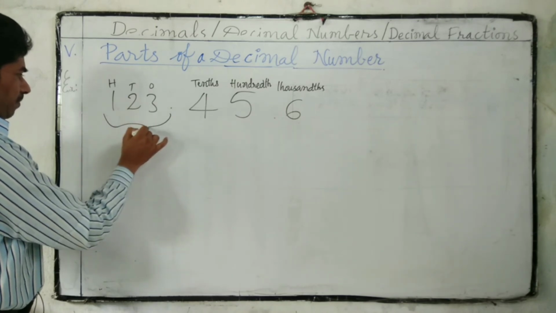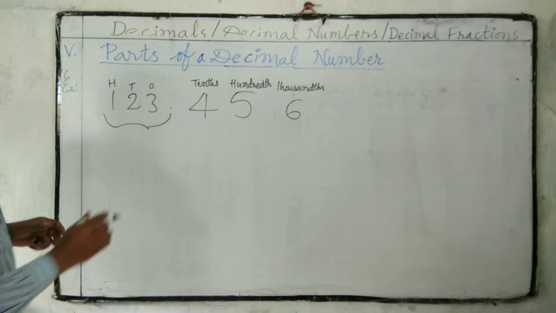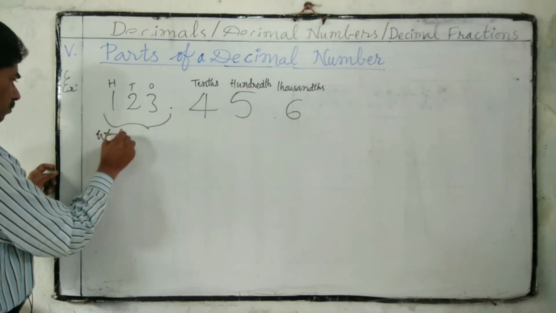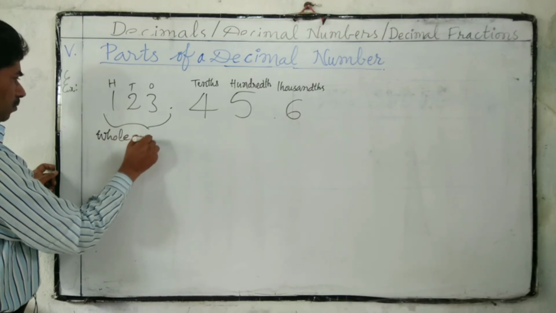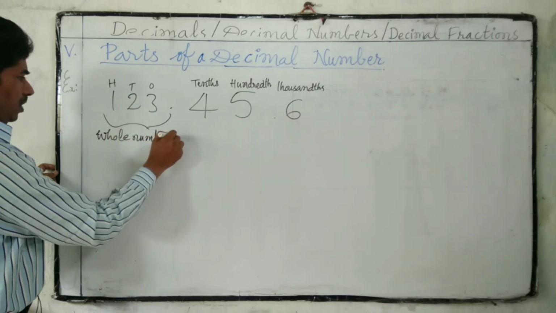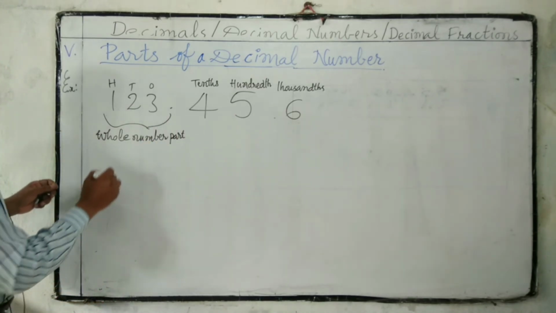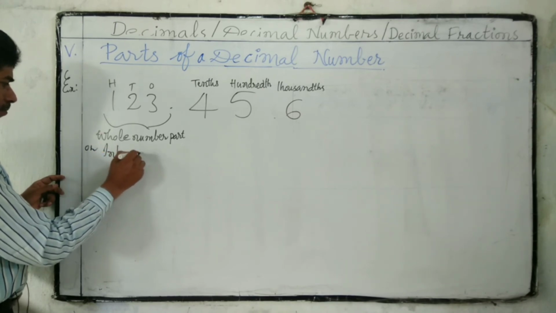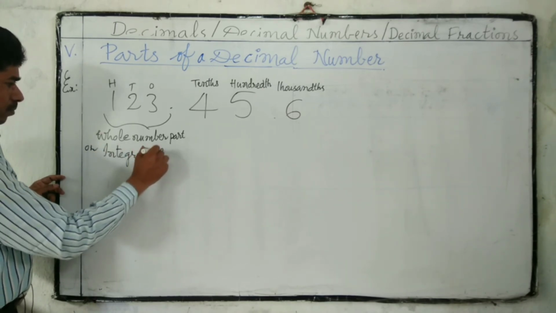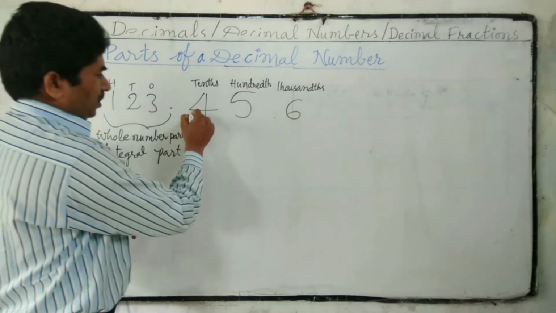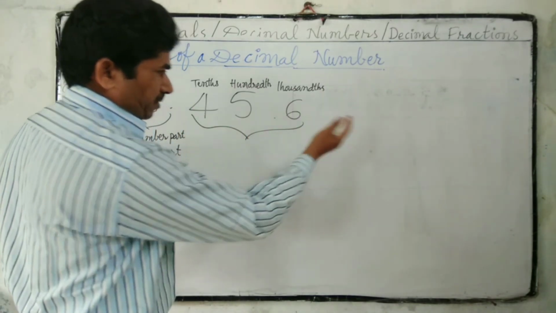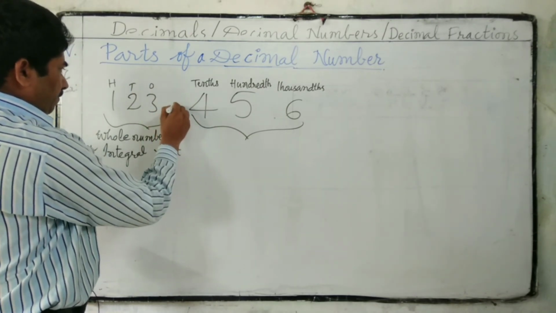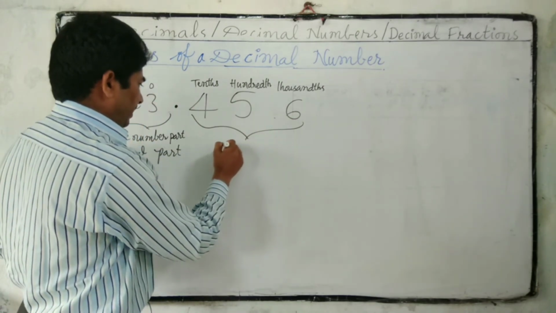The part to the left of the decimal point is called whole number part, and also called integral part. The part to the right of the decimal point is called decimal part.